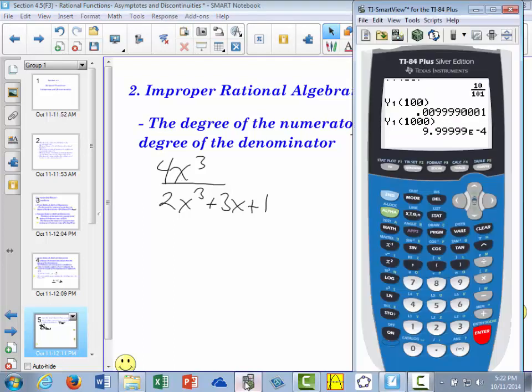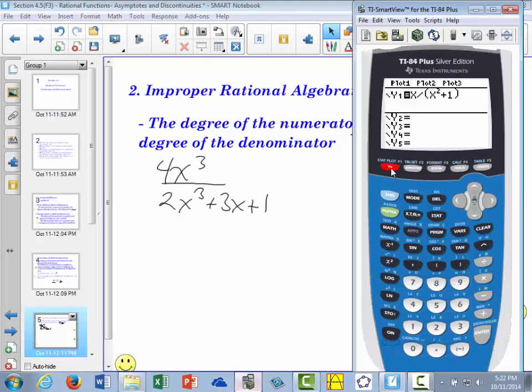Call it up. Let's go back to y equals, clear this out, and we are going to put in 4x cubed, and then we're going to divide that by the quantity 2x cubed plus 3x plus 1. Whoops, I guess I wasn't paying attention there.